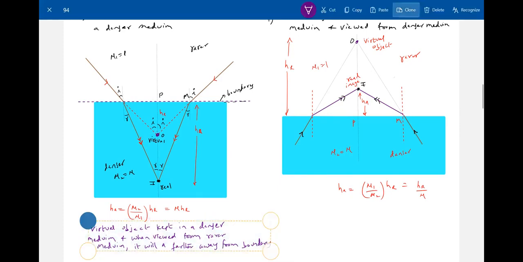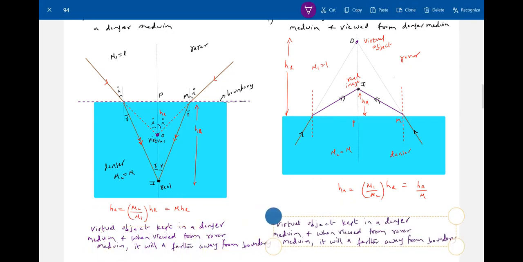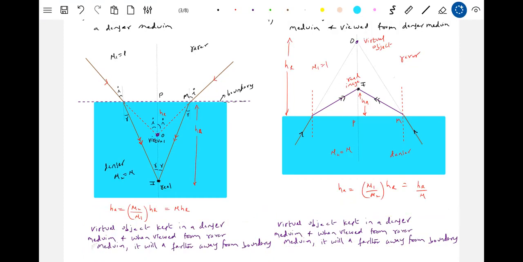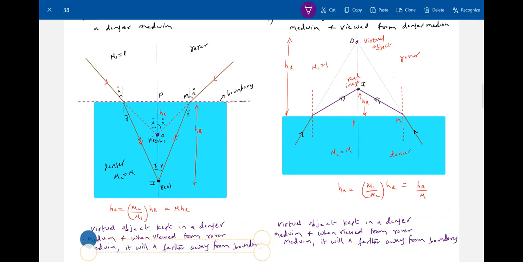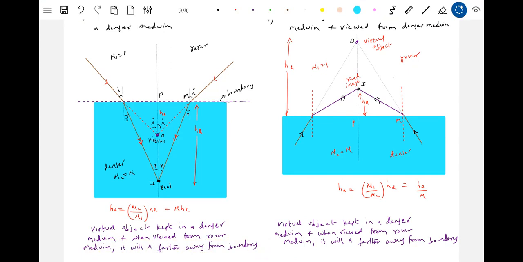So the same conclusion: virtual object kept in a rarer medium, and when viewed from denser medium, it will appear nearer to the boundary.